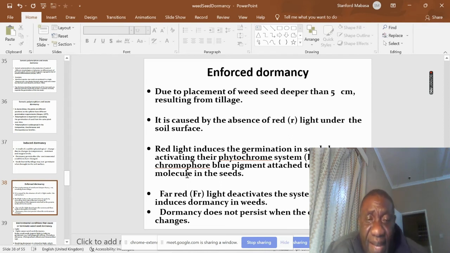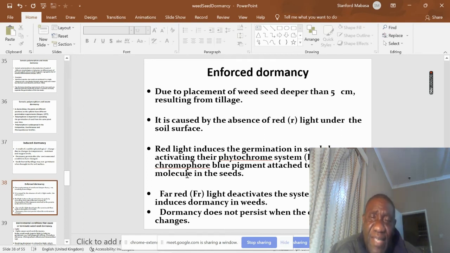So the far red light deactivates the system and thus induces dormancy in weeds. So dormancy does not persist when the environment changes. So when you bring the seeds to the soil surface, they normally germinate. They can only suspend the germination process as long as they are buried.